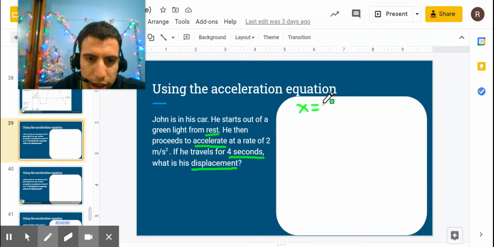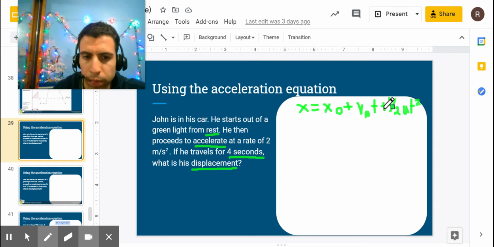In other words, x, my total displacement, depends on my x naught, plus my initial velocity, v naught, times t, plus 1/2 a t squared.